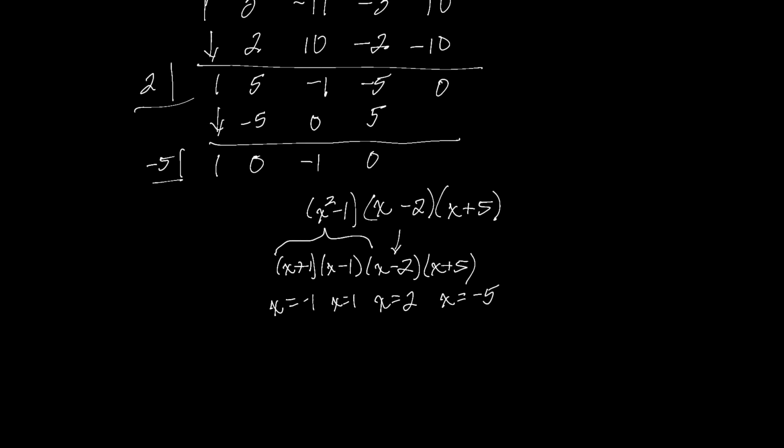So we have all 4 of these zeros just by being able to factor and put everything in this form, all linear factors. And that's coming up in a future lesson, why we are able to do this. Every polynomial can be factored into linear factors.